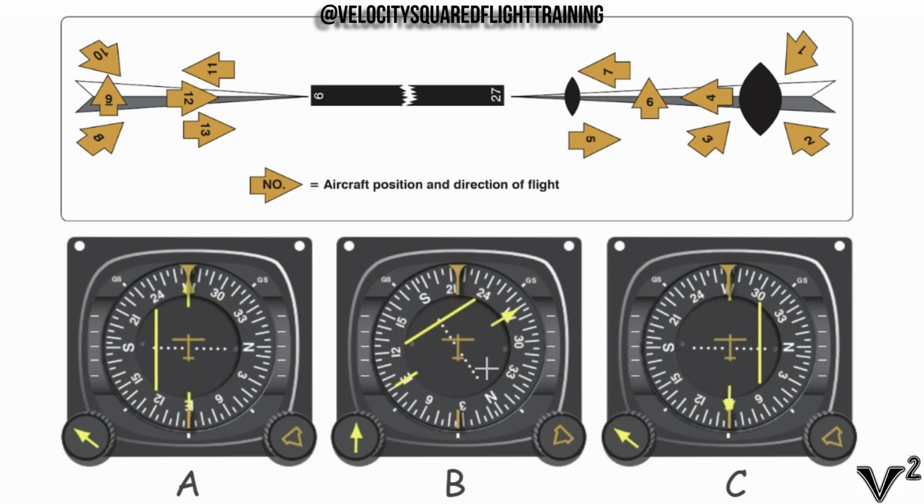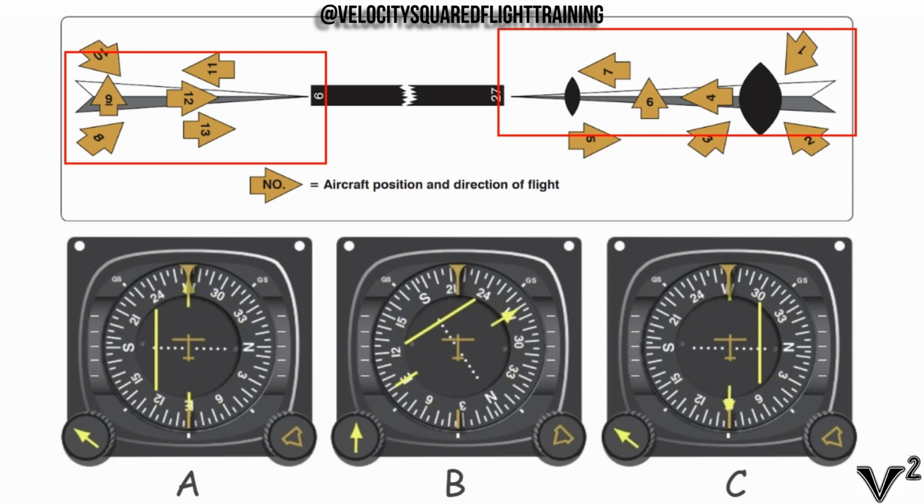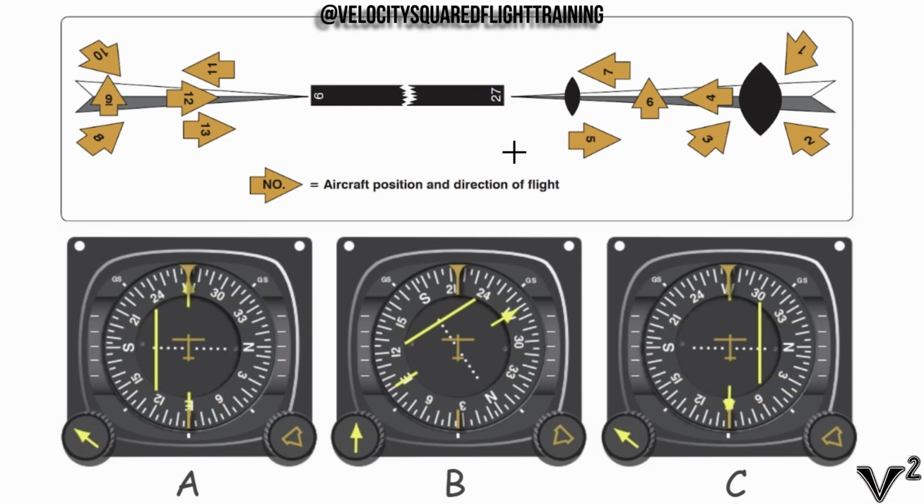Okay. So in order to get going on this, a couple useful pieces of information you have to know when looking at this diagram. One of the things is these HSIs will read differently if you're on the front course or if you're on a back course. So what's the difference and how do you know? This is actually really interesting that I use this diagram, because I got this diagram directly from the FAA's computer testing supplement that I got on their website.